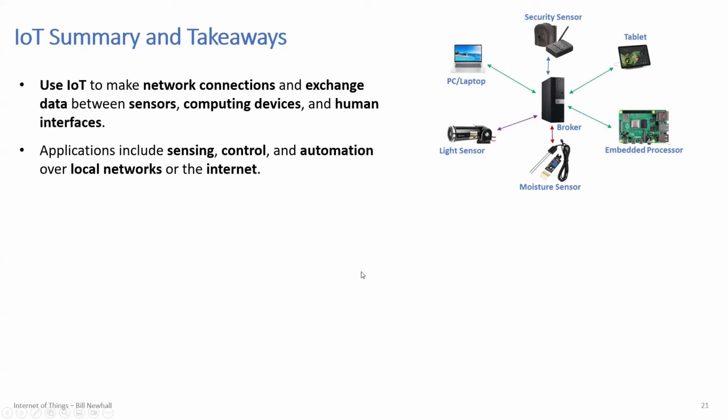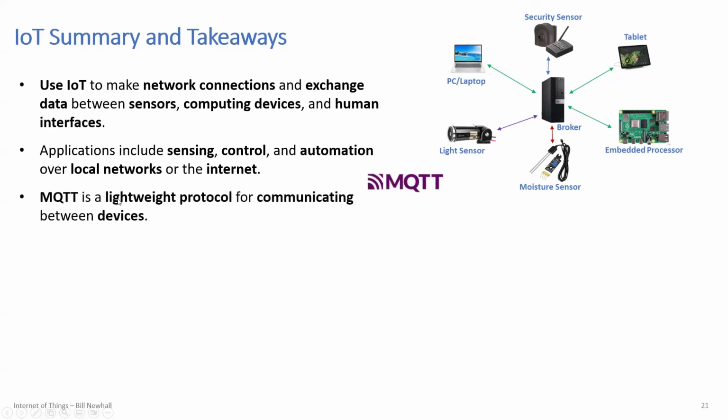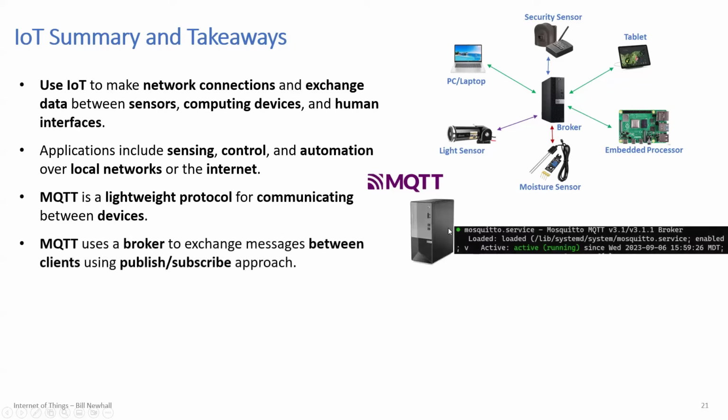It's often used in sensing, in control, and automation of buildings, automation of really anything over local area networks and over the internet. And I talked about MQTT, which is a free open source, lightweight protocol for communicating between devices, and it requires a broker in the center of this publish subscribe approach.